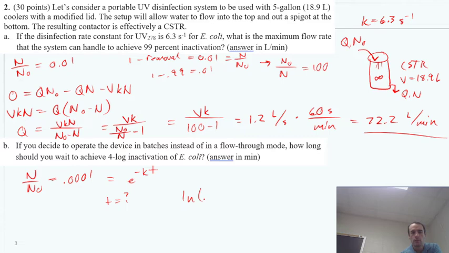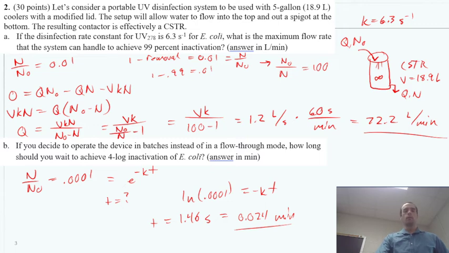So the natural log of 0.0001 equals minus kt. We can find time to be 1.46 seconds. Probably should have just asked for the answer in seconds, but I did ask for minutes, so that's 0.024 minutes. Okay, so very quick under these conditions.